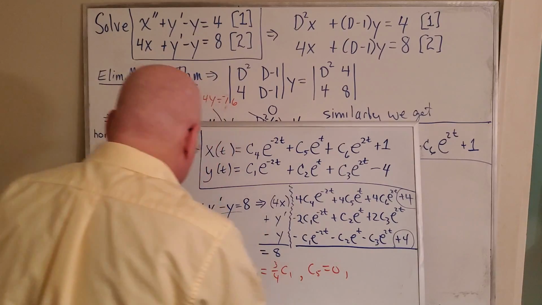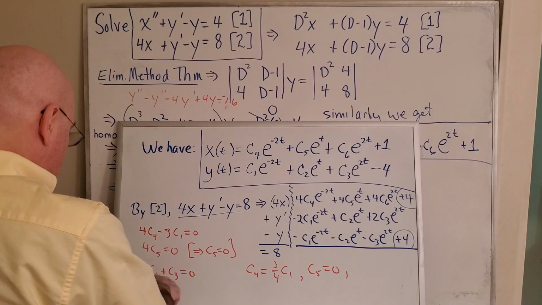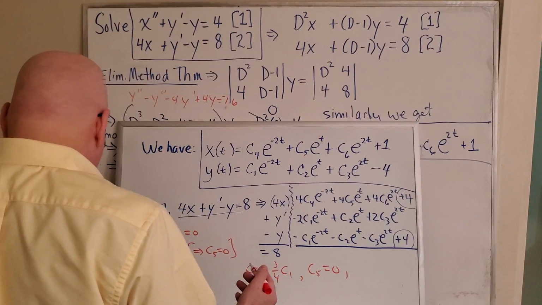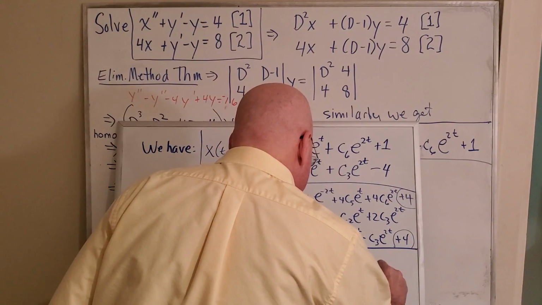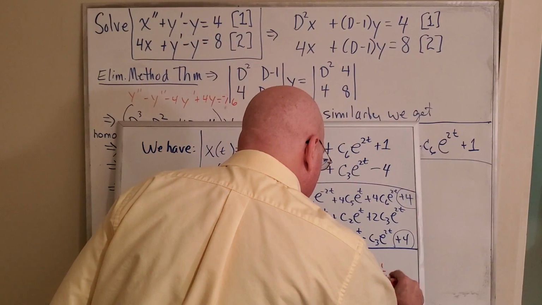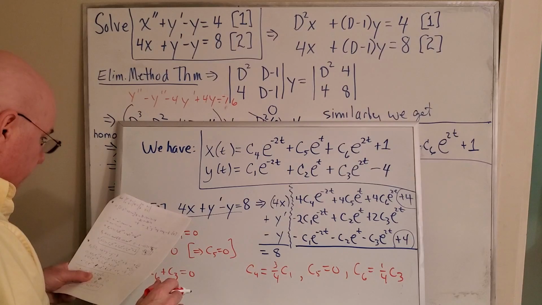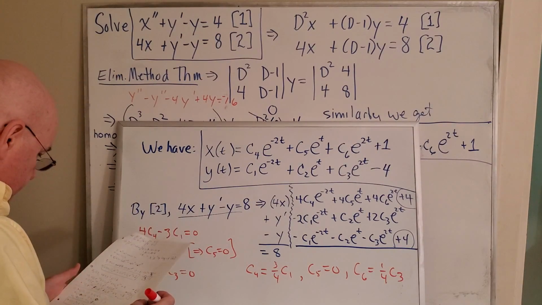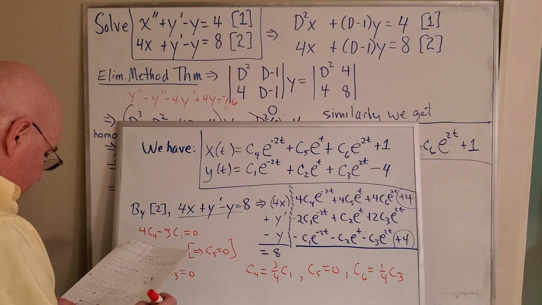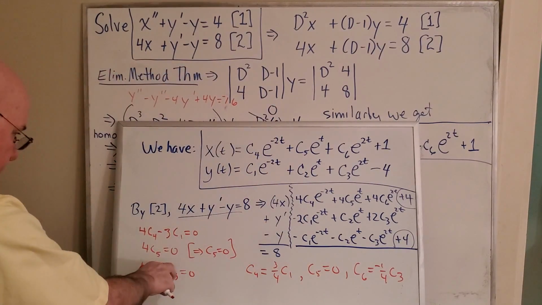C5 equals 0, we knew that one. And this one says that C6 would be negative C3 divided by 4, so C6 equals 1/4 C3. Now, why is that a positive? That needs to be a negative because we're subtracting and then dividing.